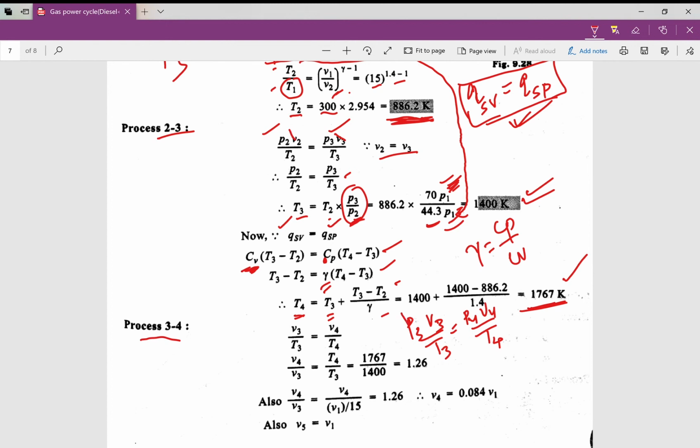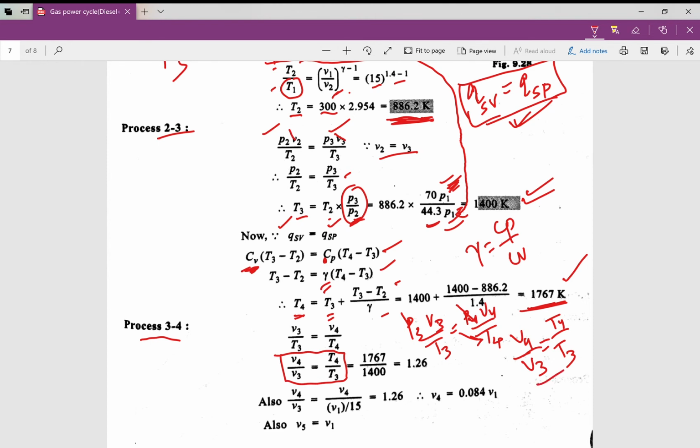So P3 and P4 get cancelled. Cross multiplication, we can write V4 upon V3. This V3 is multiplied with T4, so it is T4 upon T3. It is written over here.